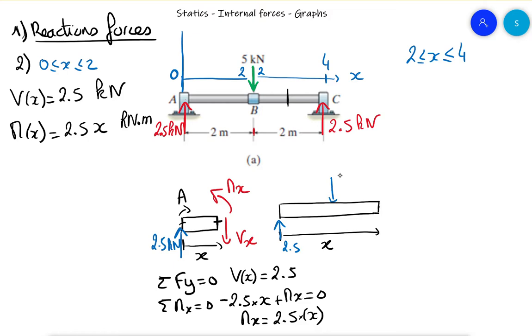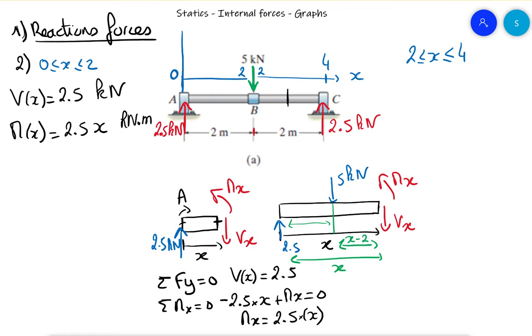We have 5 kilonewton that we know, and what we don't know is the new Vx and the new Mx between 2 and 4. And we need some dimensions. This dimension there is x, and this dimension there is x minus 2, because this one is 2.